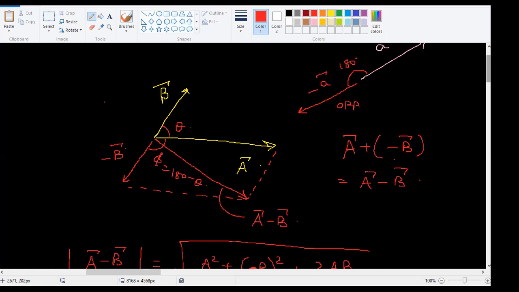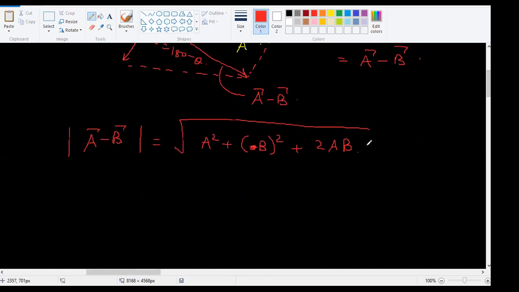So that means I'm going to write 180 minus theta here, because the angle between a and minus b is cos 180 minus theta.